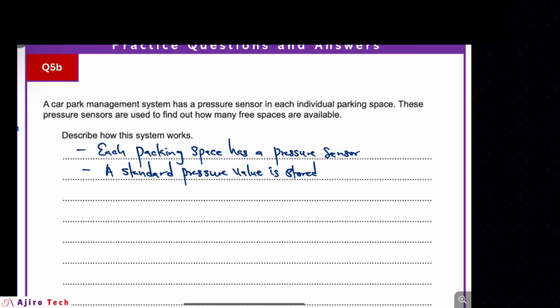That simply means that if a car is parked on this space, it is taken, and anybody coming in will automatically be directed to the next car parking space. So a standard pressure value is stored, which represents an empty parking space.